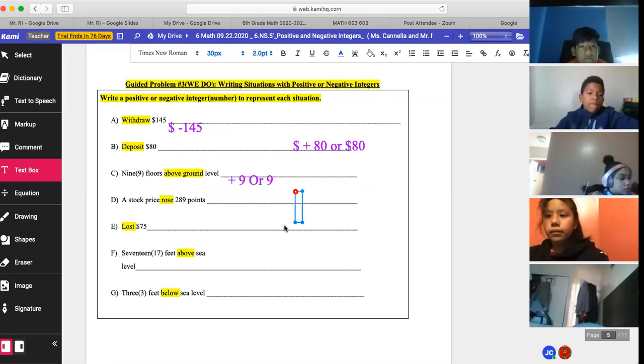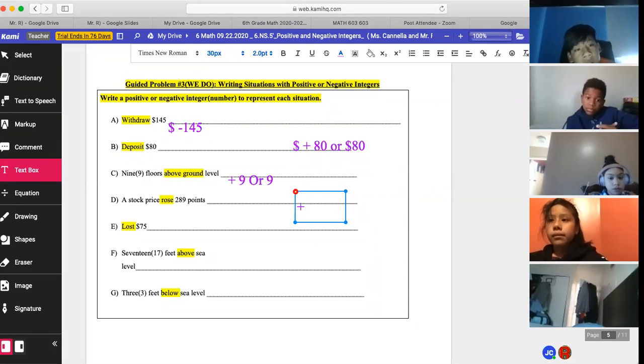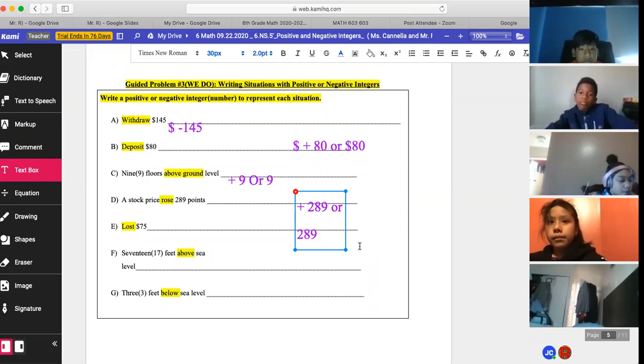So positive or negative, think about that word, rose. A price rose 289 points. Positive, there you go. You guys have got to know these key words, because some of them are going to be tricky and you're going to say, I don't understand it. You already know it. We're going over it now. Ms. Canelo said positive.